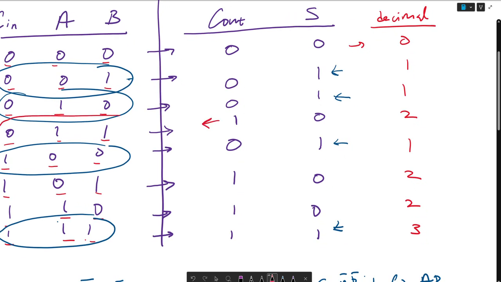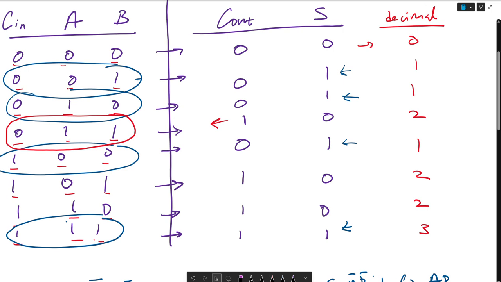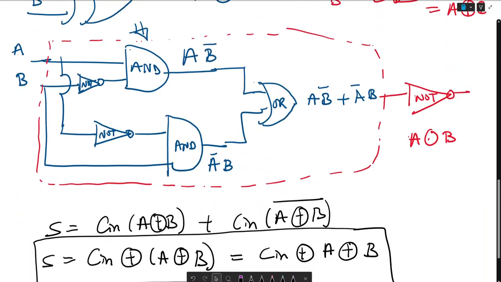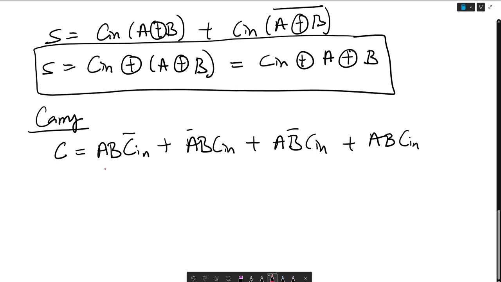Here is one of my summations. Here as well. And last but not least, this last one. So these four make up C out, which is how we got these values.